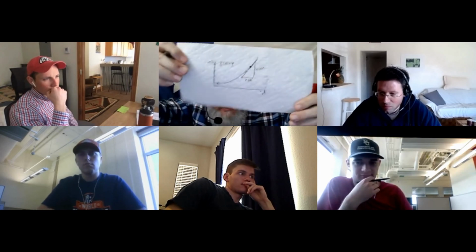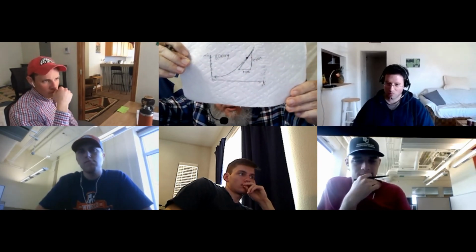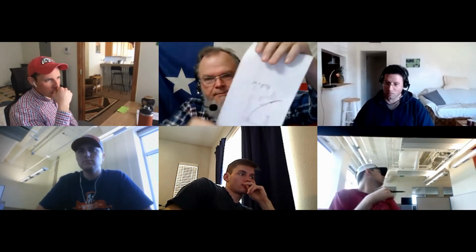Now, follow me now. If we do the derivative here, we all know that the derivative is rise over run, right? So I've drawn a little triangle here of rise over run. Now let's look at it from the other side.